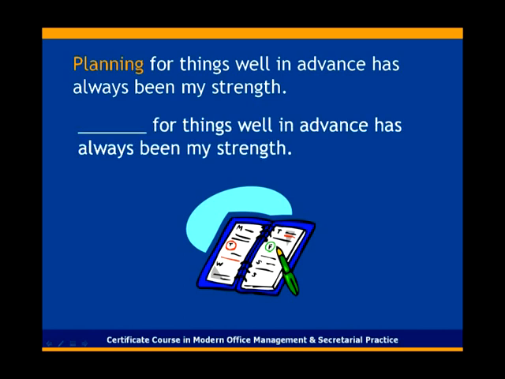If we were to take the word planning away, the sentence would look like this. Blank for things well in advance has always been my strength. Now, if I were to say this sentence to you, you would probably ask, what for the things well in advance has always been your strength?